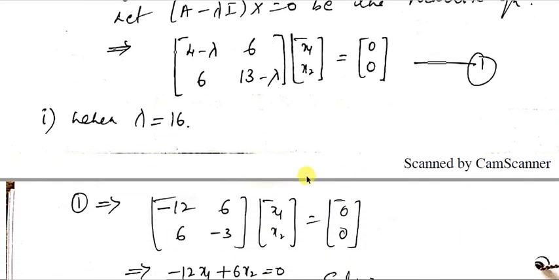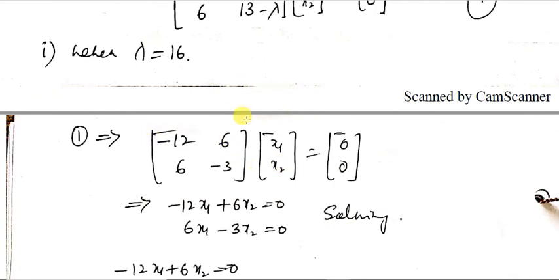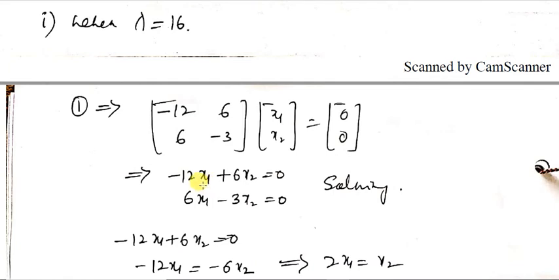When lambda 1 is equal to 16 in the matrix equation 1, then the matrix equation 1 reduces to 4 minus 16 which is minus 12, 6, 6, 13 minus 16 which is minus 3, x1, x2 is equal to 0, 0. Writing the equivalent system of equations, I will get minus 12 x1 plus 6 x2 is equal to 0, 6 x1 minus 3 x2 is equal to 0.